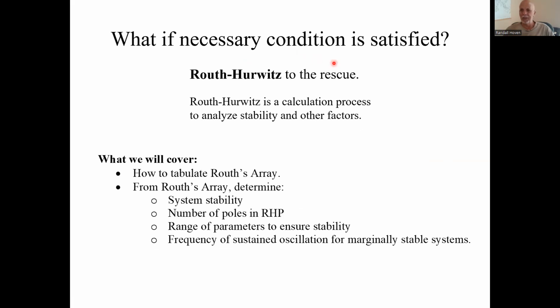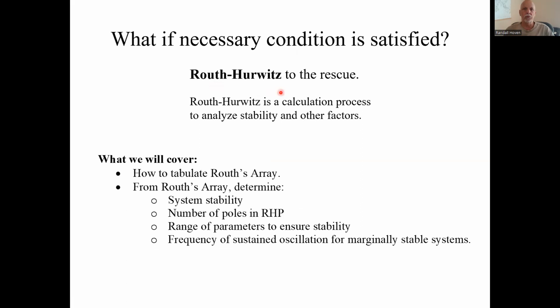So what if the necessary condition is satisfied? You haven't ruled out stability, but it might not be stable. Then we've got to do this thing called Routh-Hurwitz, and I'll get into that in a subsequent video.